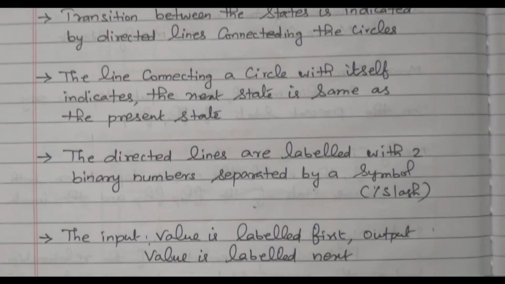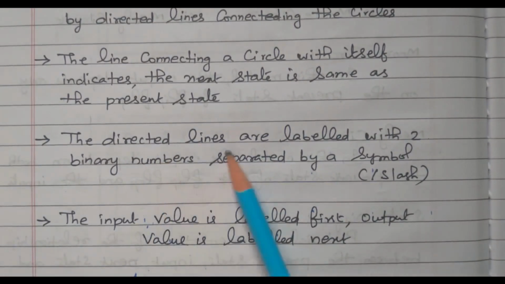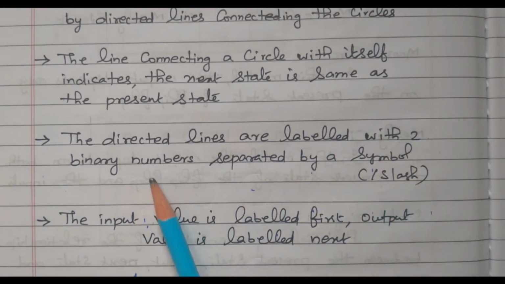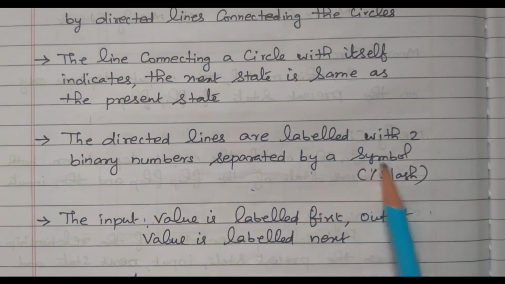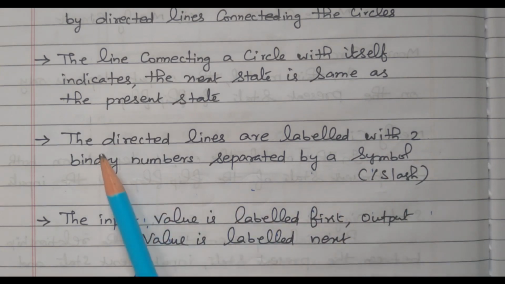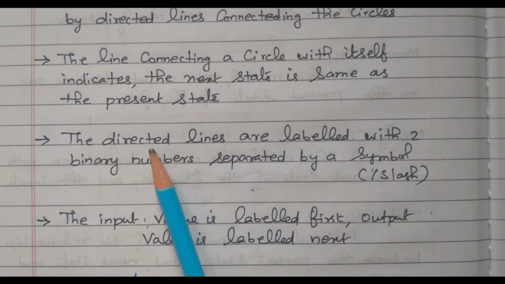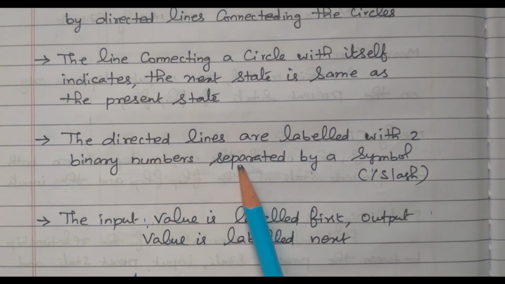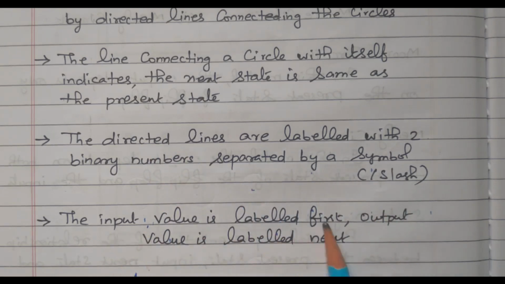The directed lines are labeled with 2 binary numbers, right, separated by a symbol. First one is input, another one is output, right. For the directed line A goes to B, we have 2 binary numbers separated by the comma, so that the input value is labeled first, then the output value is labeled next, right.